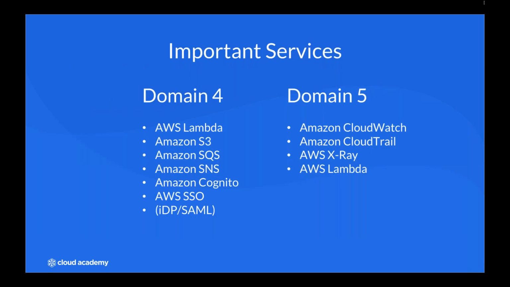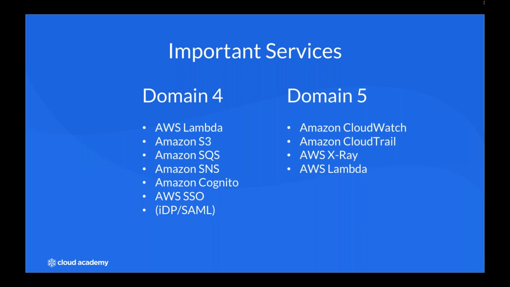So again, important services for both domains. From domain 4, for refactoring microservices: AWS Lambda, Amazon S3, SQS and SNS, Amazon Cognito, single sign-on, and not necessarily in depth, right? These are not, when would you use them?